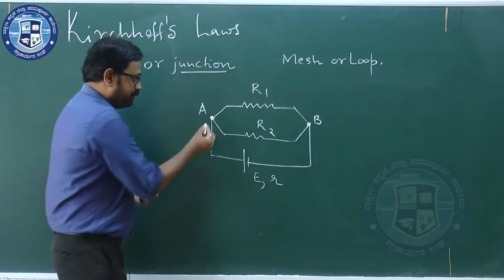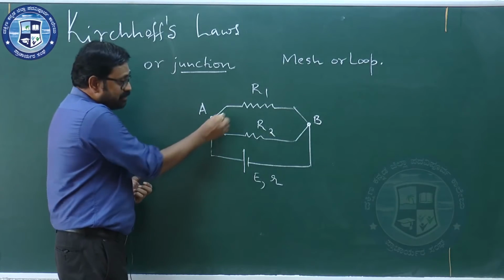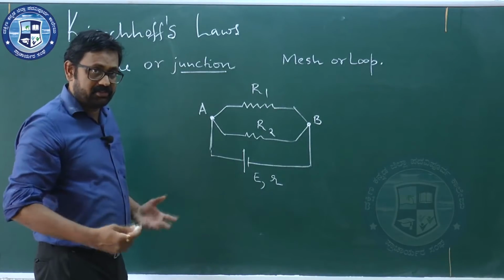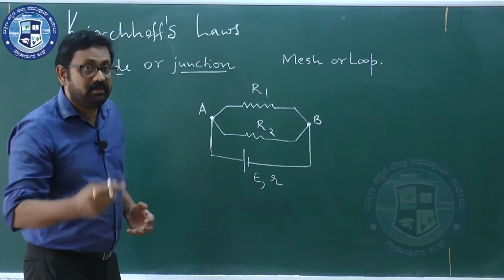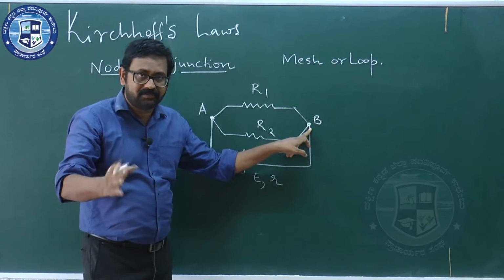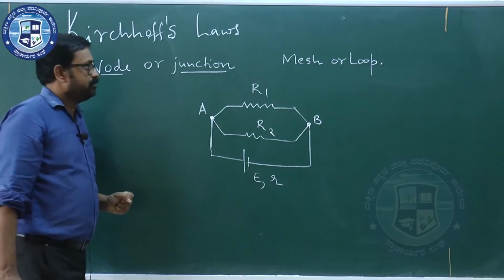See, for example, here, can you please tell me how many conductors are meeting here? 3. See, 1, 2 and 3. I said a node or a junction is a point where more than two conductors meet. Even this B is also a node. I think you got it. So that is one technical word.